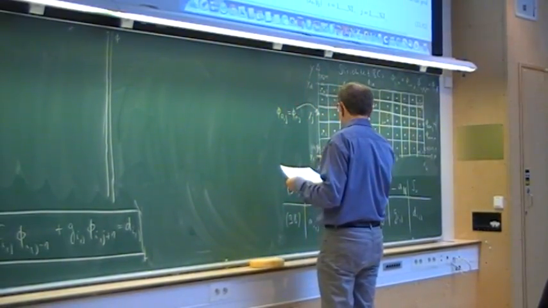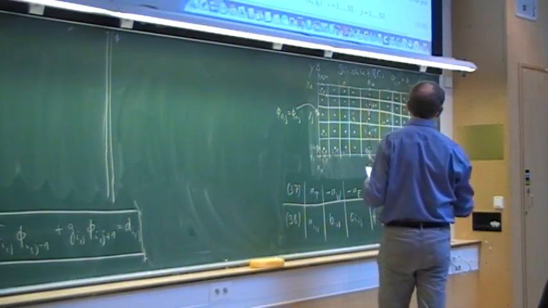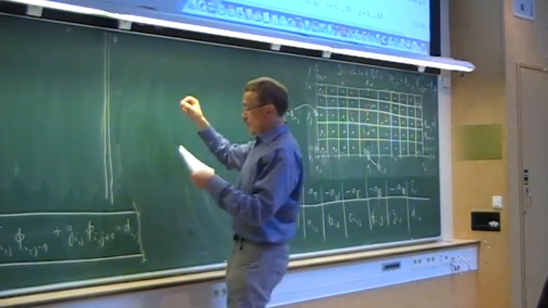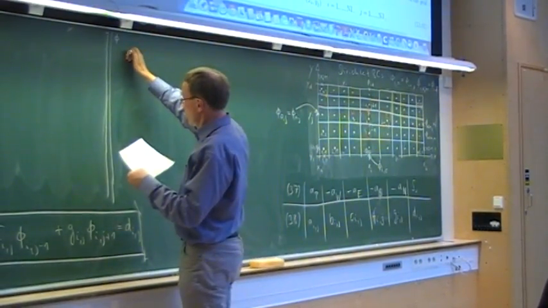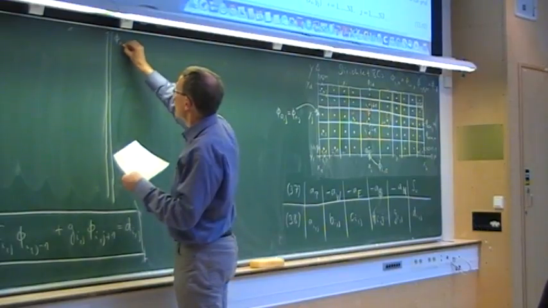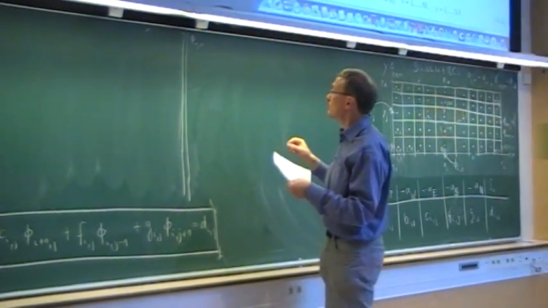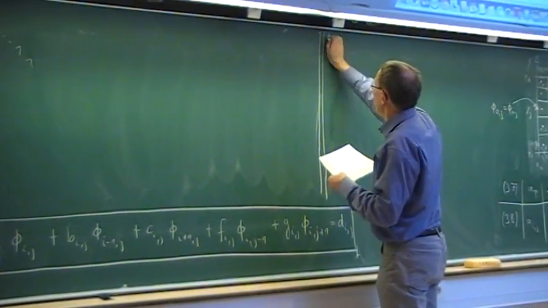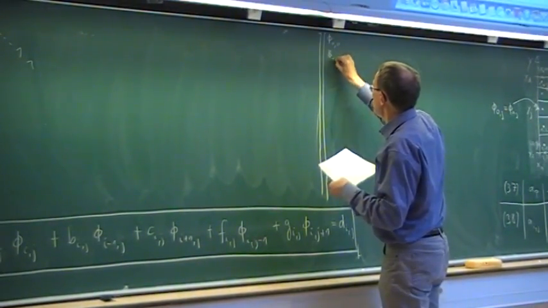Let's see. We have that is the phi, where do we have that? The phi 0c. But the index for the phi is 0, 0. The next one is the phi 1, 0.